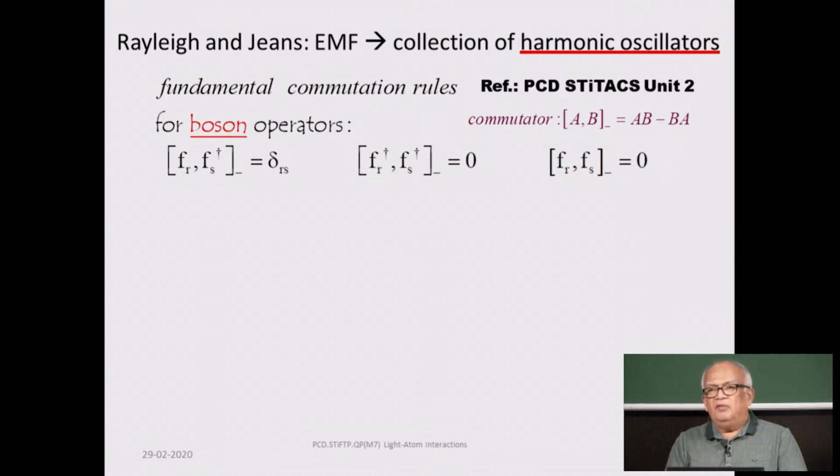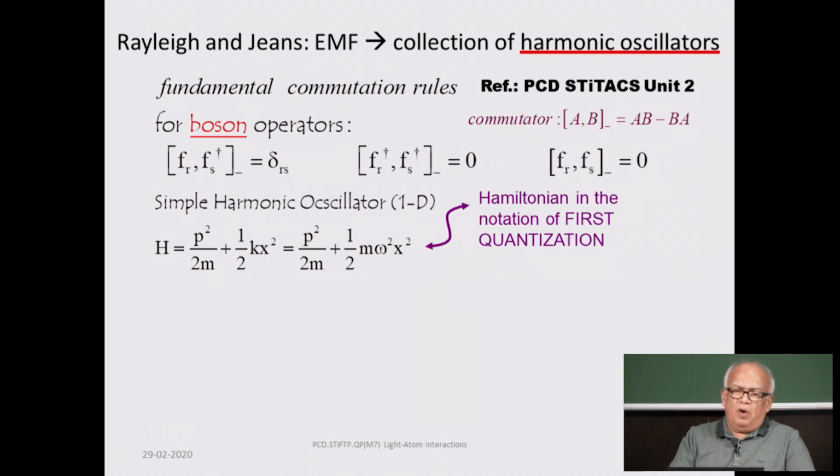And this will be equal to the Kronecker delta. It will be 0 if the modes are different, but equal to unity if the modes are the same. And then the creation operators commute with each other and the destruction operators also commute with each other.